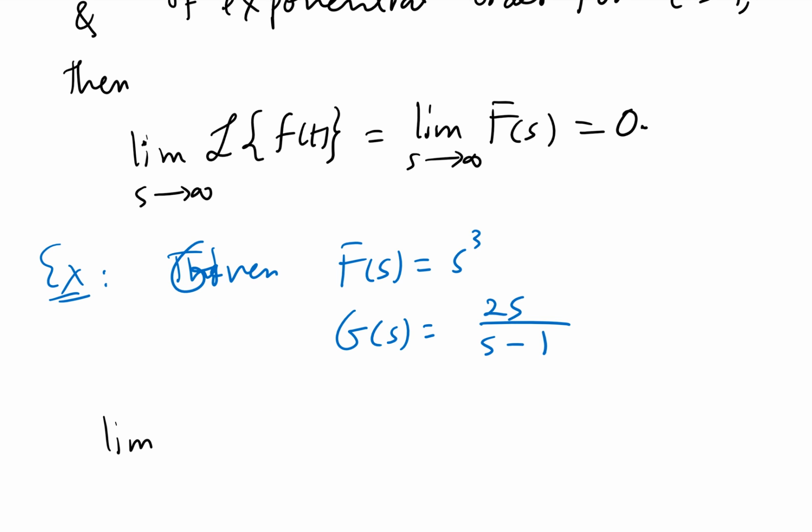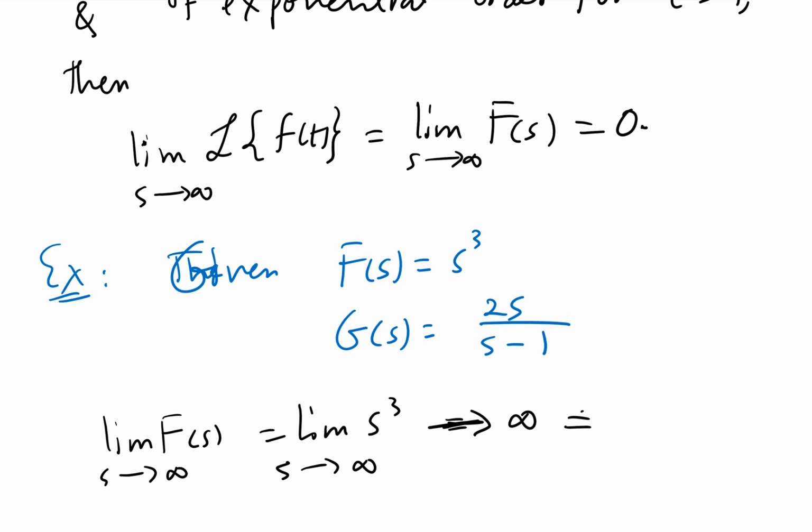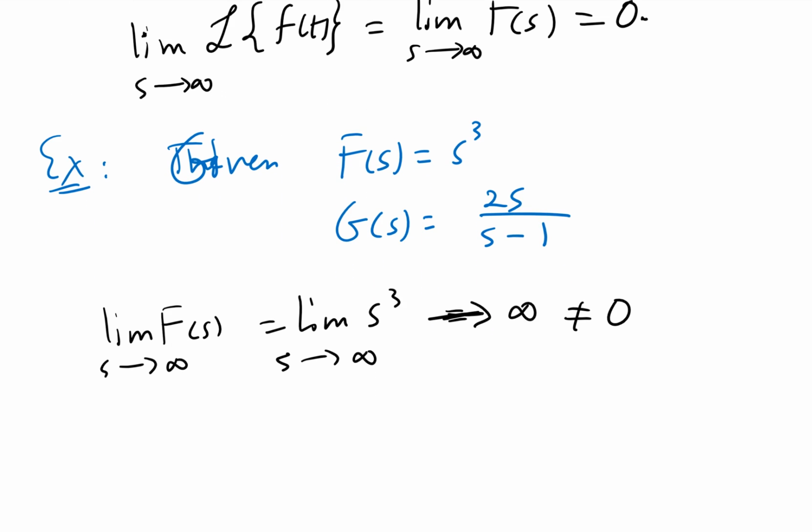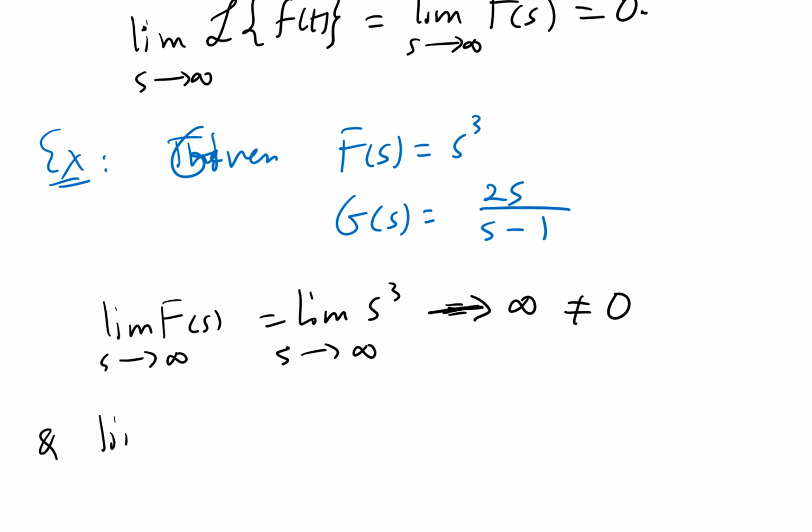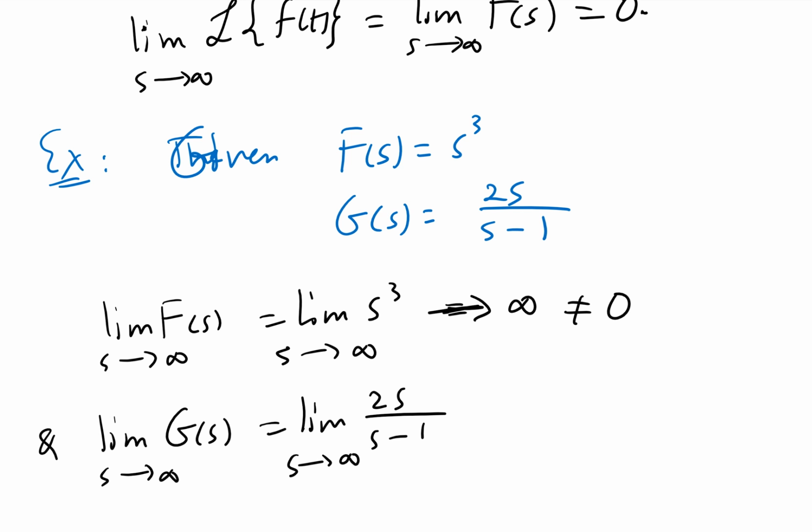If I find the limit of the first function as s goes to infinity, limit of s cubed as s goes to infinity, this is infinity. It's not 0, right? Similarly, if I find the limit of G of s as s goes to infinity, that gives us limit of 2s over s minus 1 as s goes to infinity. That's a 2. That's not 0.